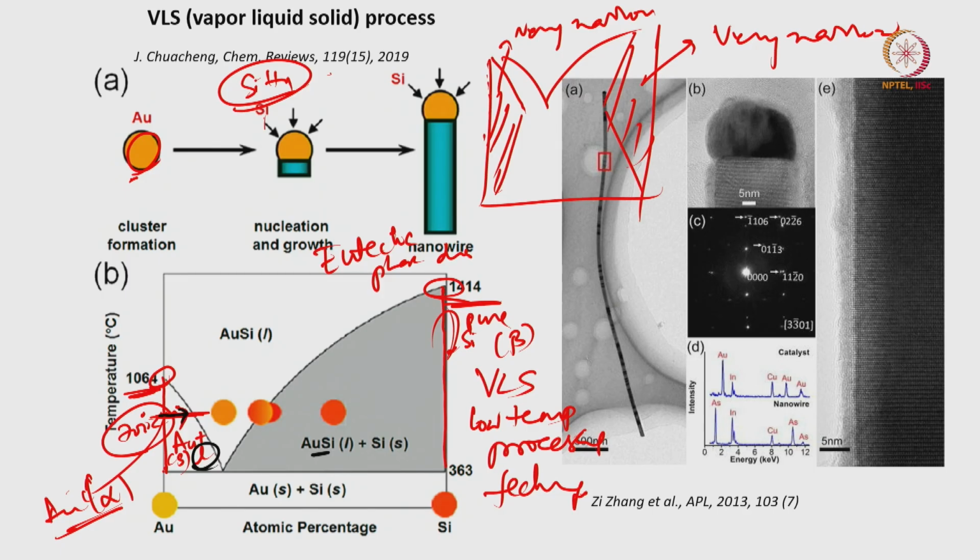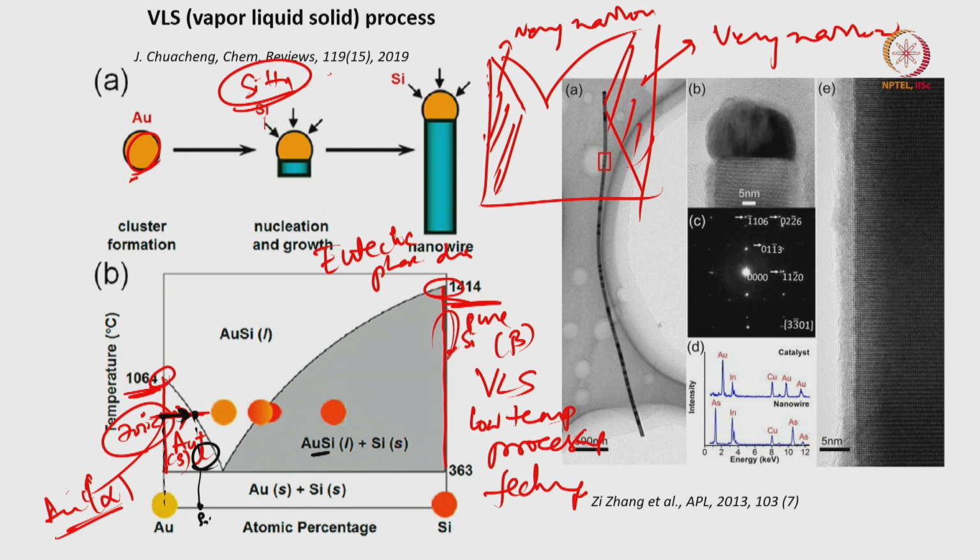Sorry, I start increasing the amount of liquid phase, right. The composition of silicon in the liquid phase is here, this is the composition of silicon in the liquid phase, this is the composition of gold in the solid phase, right. So that is how I can read off the compositions, right.